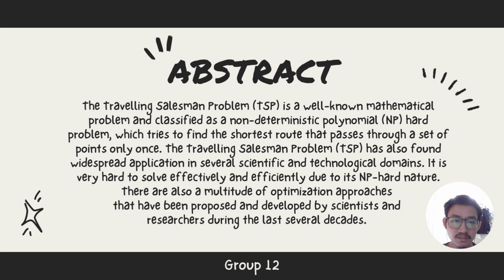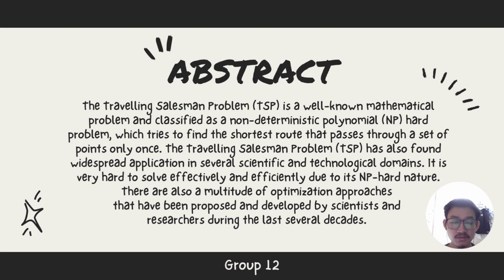The traveling salesman problem, TSP, is a well known mathematical problem classified as a non-deterministic polynomial NP-hard problem, which tries to find the shortest route that passes through a set of points only once. The traveling salesman problem, TSP, has also found widespread application in several scientific and technological domains.